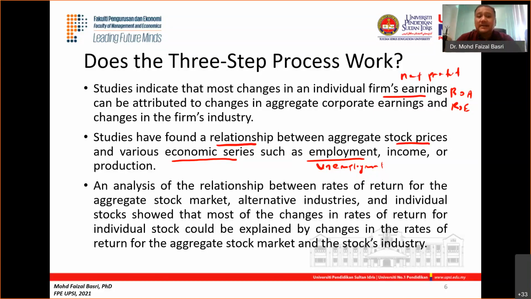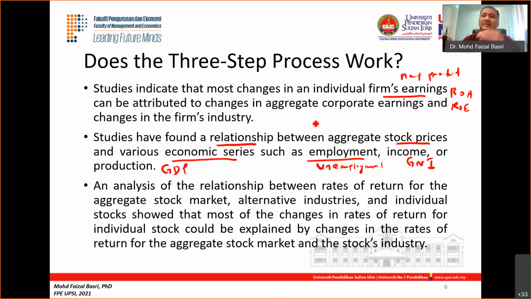So it's a bad sign if unemployment is high. Income can be measured by GNI, Gross National Income. For production, we have GDP. So all of these are economic indicators.